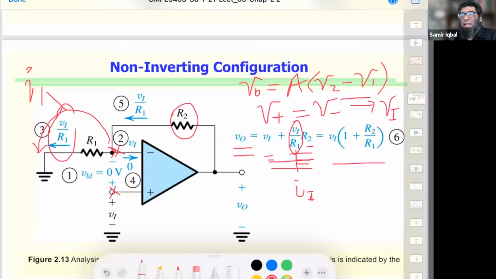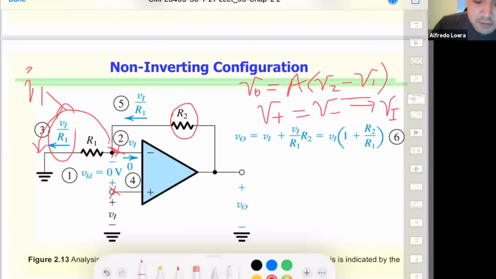So what would be the gain? Can somebody tell me the gain for the non-inverting configuration, closed loop? Let me clean this up. What's the relationship for gain? Is it RF over RN plus 1? Or 1 plus RF over RN?